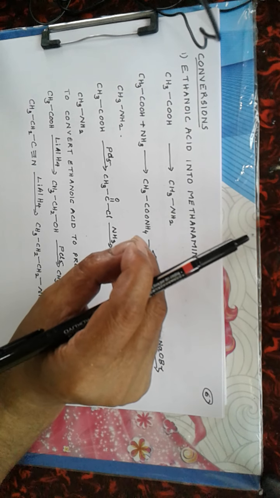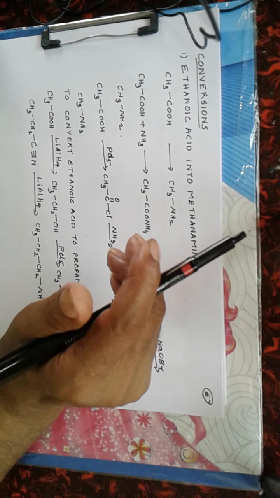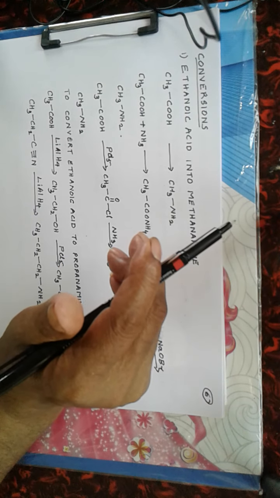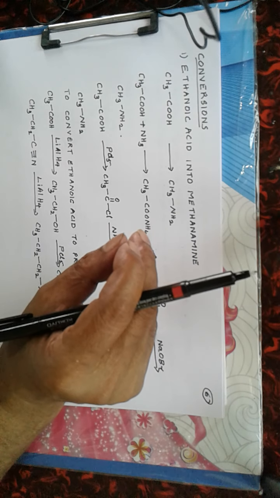So in the preparation of amines, a derivative of amine, that is an amide, on reaction with sodium hypobromite can lose a molecule of carbon dioxide, so that the CO group of the amide is removed as carbon dioxide by reaction with NaOBr, that is bromine and alkali NaOH, and this reaction is known as the Hofmann degradation reaction, an important reaction.